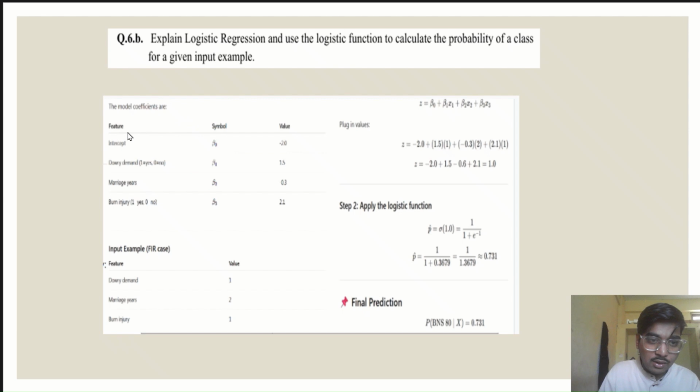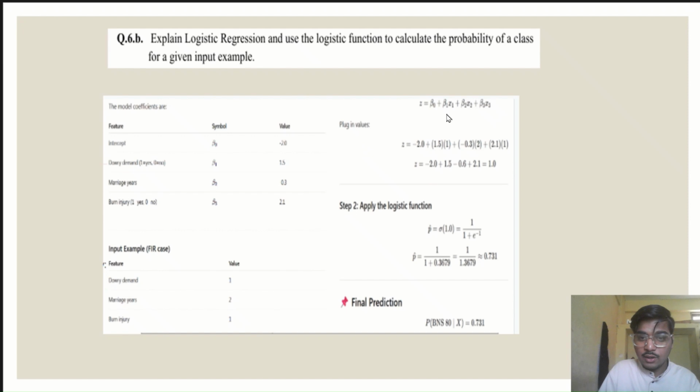Here we have taken some model coefficients: intercept, dowry demand, marriage years, and prior injury. The intercept symbol is beta naught and its value is minus 2.0, and beta 1 for dowry demand has value 1.5. For marriage years, beta 2 is the symbol and the value is minus 0.3. Prior injury is represented using beta 3 and its value is 2.1.